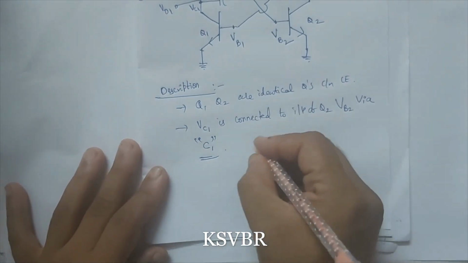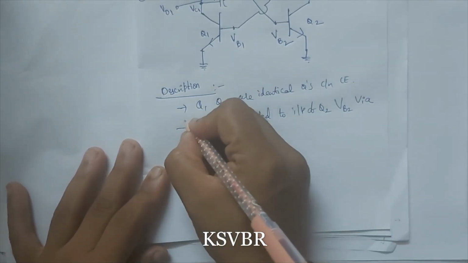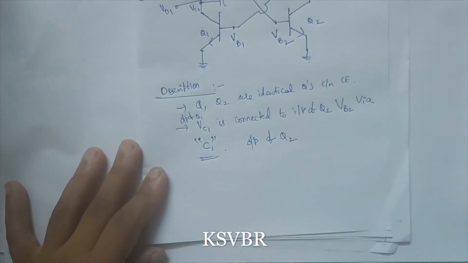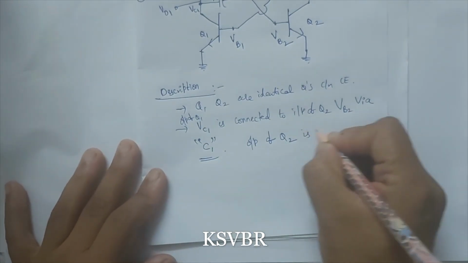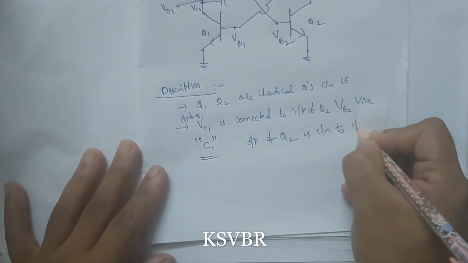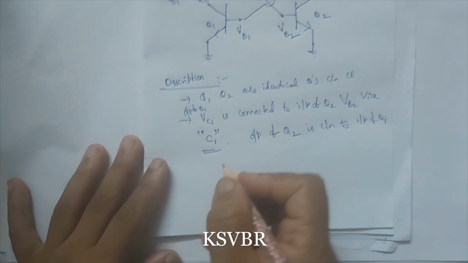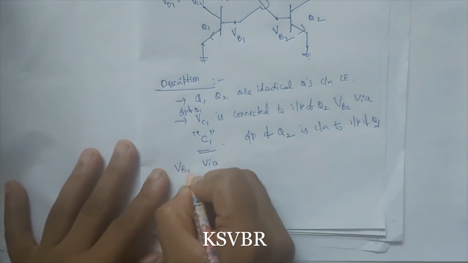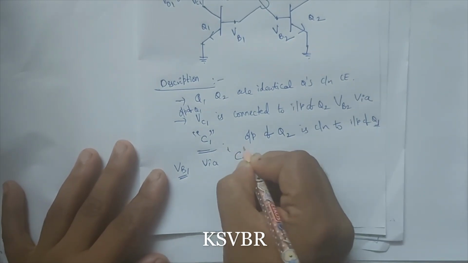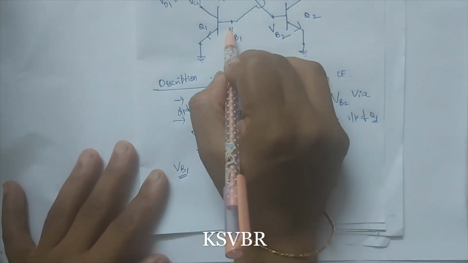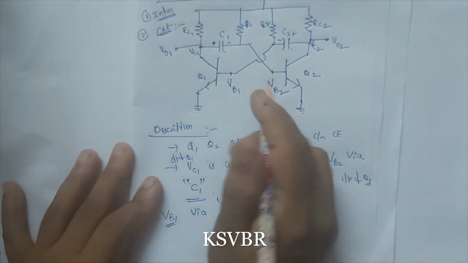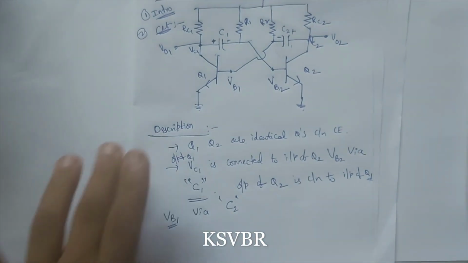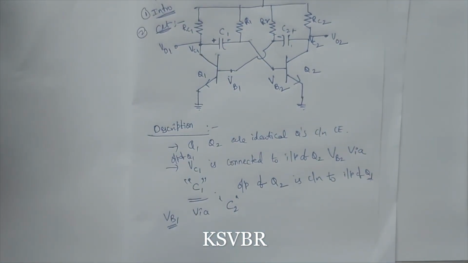At the same time, the output of Q2 is connected to the input of Q1, VB1, via coupling capacitor C2. VC2 is connected to VB1 via C2 and VC1 is connected to VB2 via C1. This is the description that we can write over here.